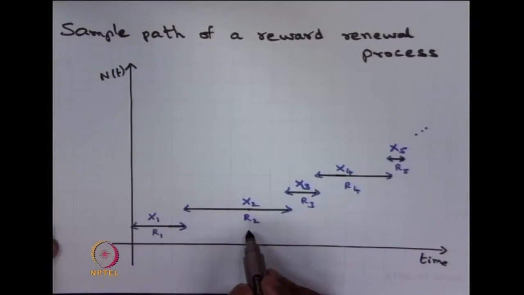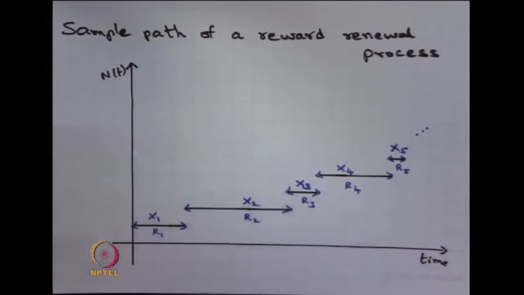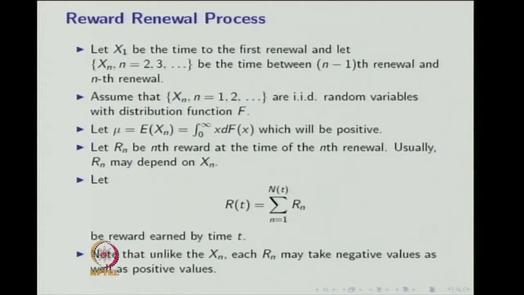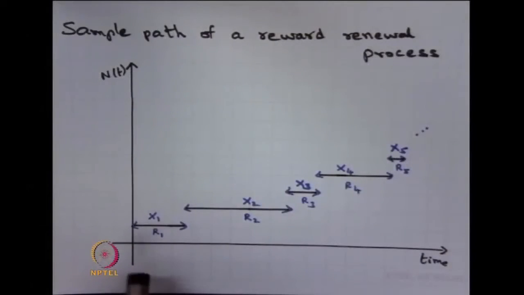These Ri's may be negative or positive. Then the collection of Ri's in this form, R of t equal to the summation from n equal to 1 to N of t of Rn, will be the reward renewal process. It is very difficult to show the sample path of R of t, so here we are showing the sample path of the renewal process with the rewards attached to each inter-arrival time.